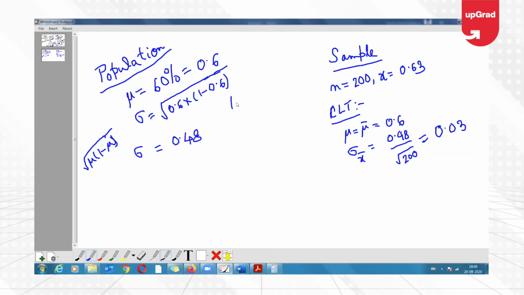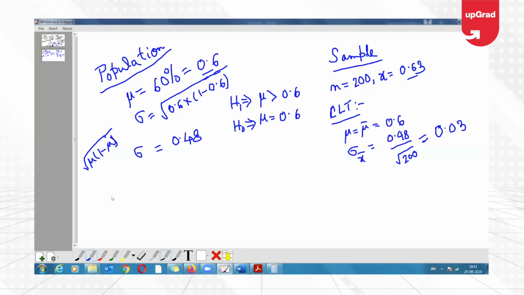Now let's look at the null and the alternate hypothesis. So my alternate hypothesis is that mu is greater than 0.6. Very evident. Here this is 0.6, 0.63, and null is 0.6.